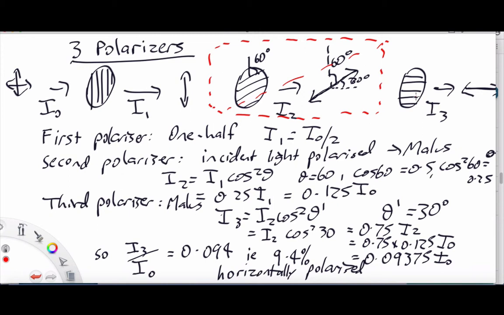So the fact that the middle polarizer has been put in here means that in fact some light has come out the final polarizer. So it seems odd to think that putting a component in there increases the amount of light that comes out, but that is what happens, because every time you have a polarizer, the light that comes out, which is decided by the 1/2 rule or Malus's law, is polarized parallel to that polarizer.